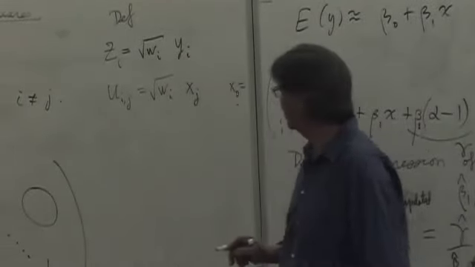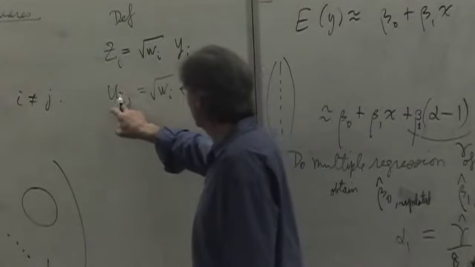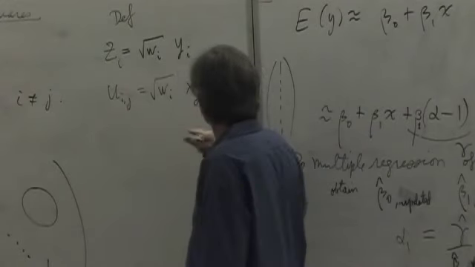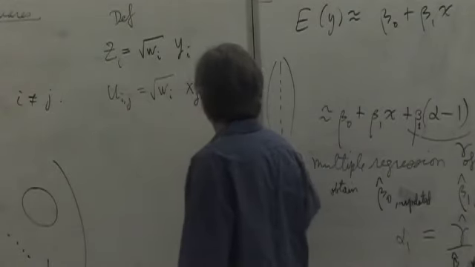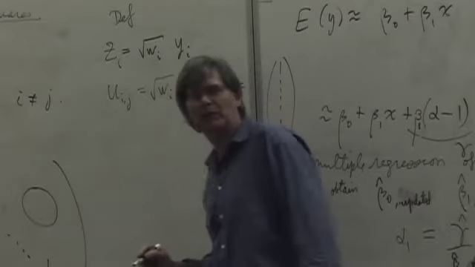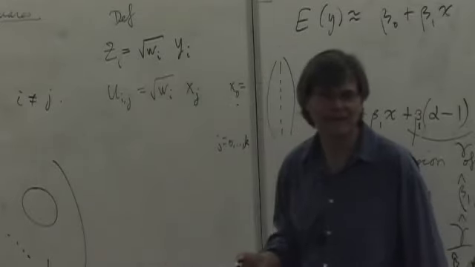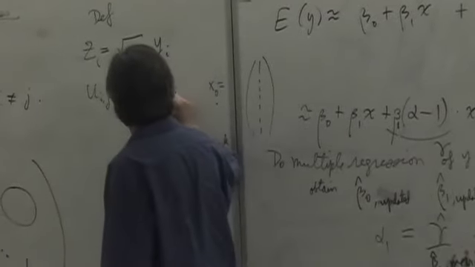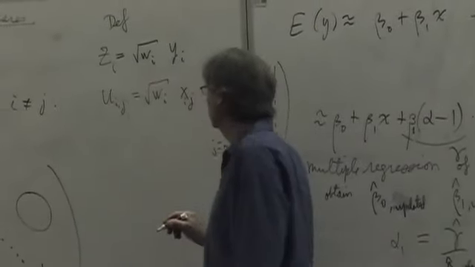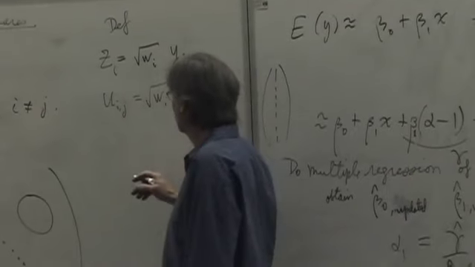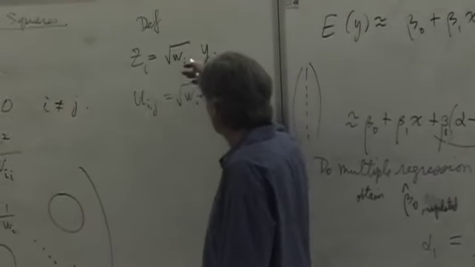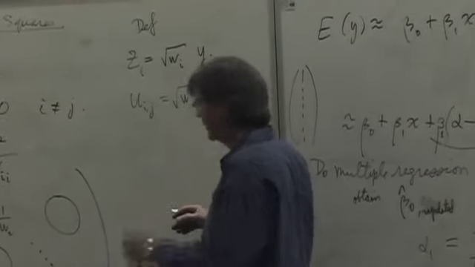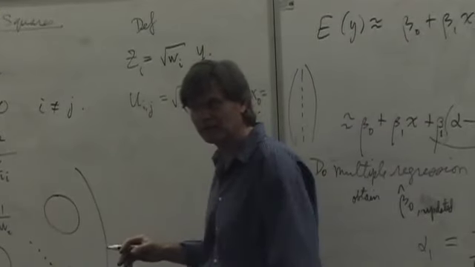And now I'm going to come up with new regressors, u_j, where j goes from 0 up to k, but none of them might be a column of ones. This should have been x_ij here. So there are going to be new columns, just by multiplying each of the old columns by the square root of w_i in the ith place.